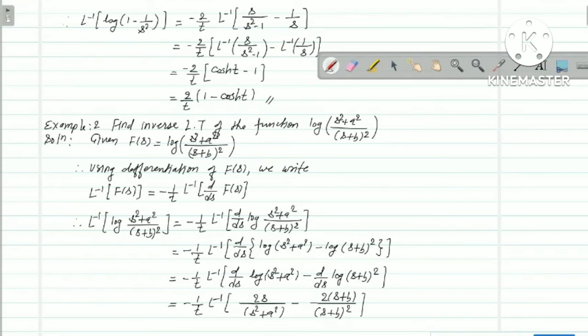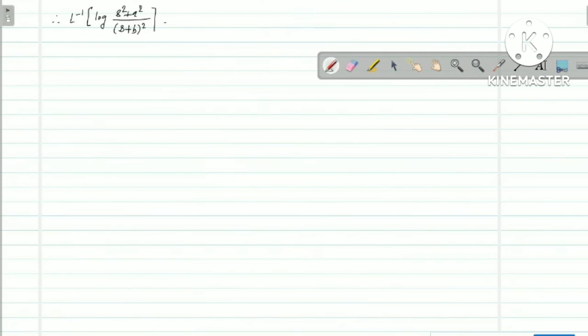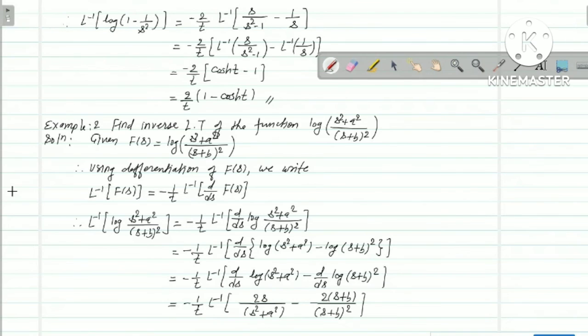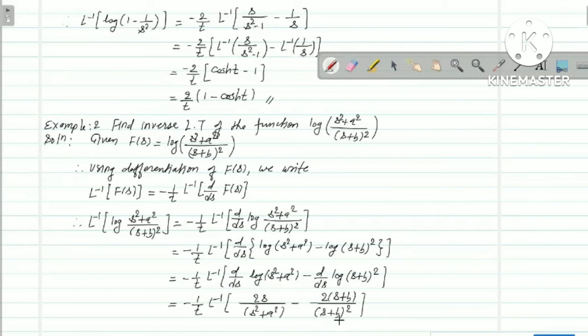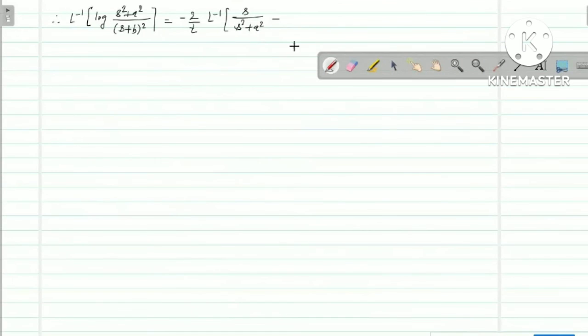So this becomes negative of 2 by t L inverse of s upon s square plus a square, negative sign, one factor will cancel from this, so this becomes 1 upon s plus b. So 1 upon s plus b, close the bracket.